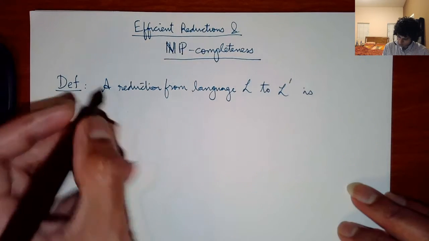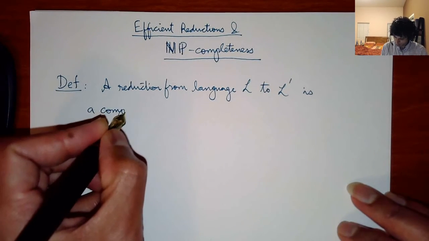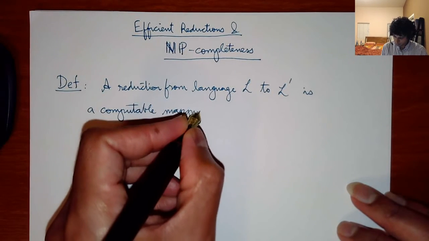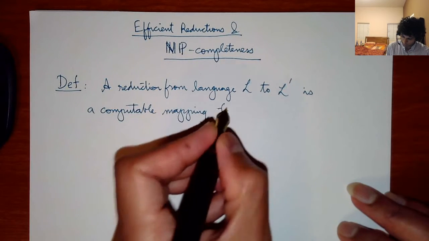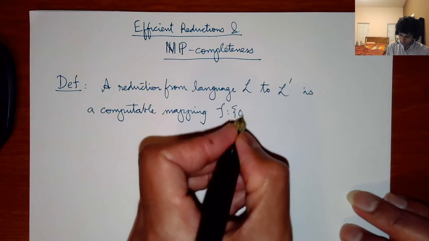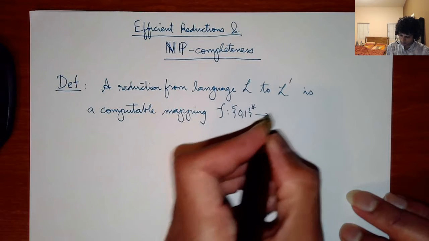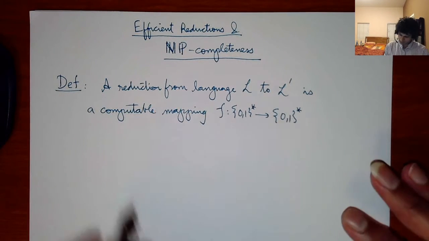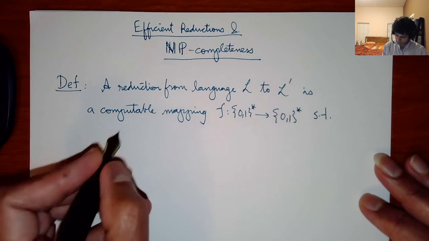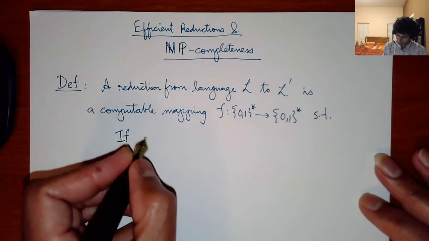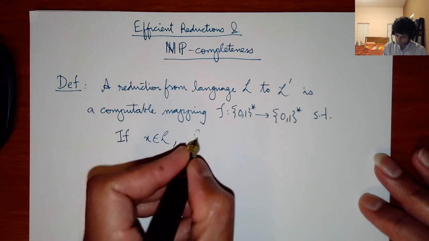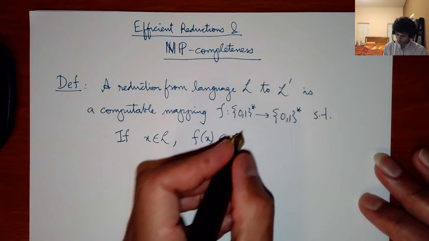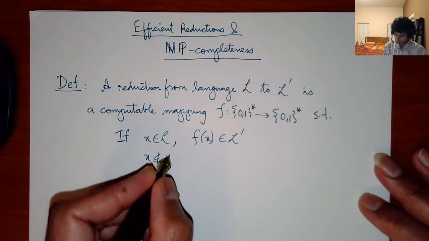It is a computable mapping F, going from {0,1}* to {0,1}*, just mapping strings to strings, such that if x is in L, then f of x is in L prime, and this is an if and only if.